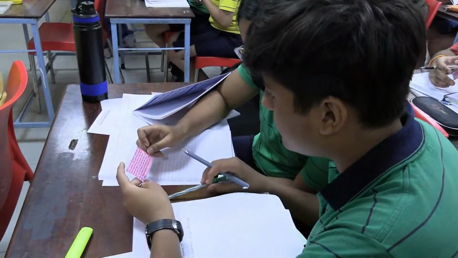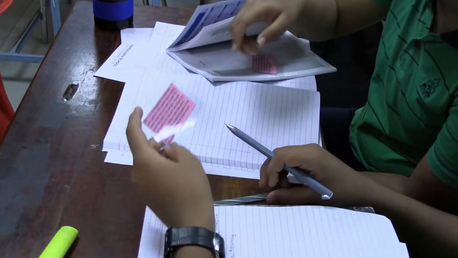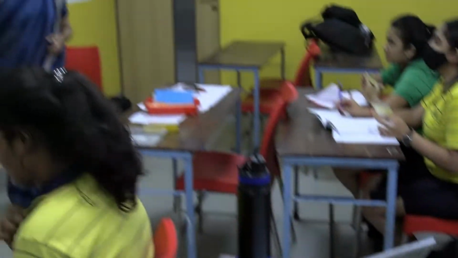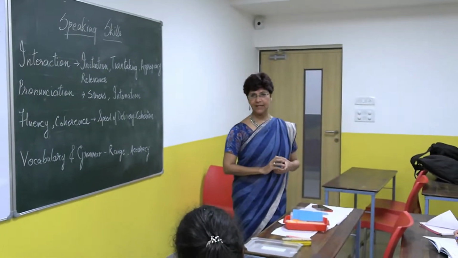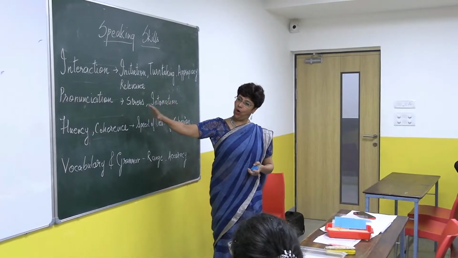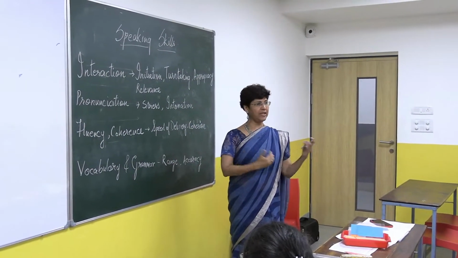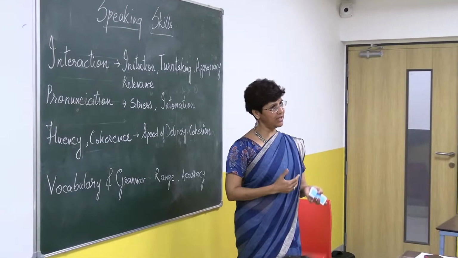Now that you've read your cards, these are the areas that we are looking at. You're going to be doing role play, and you're going to be applying all of these when you come out to do that role play.